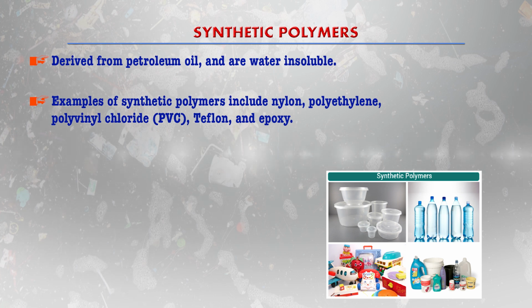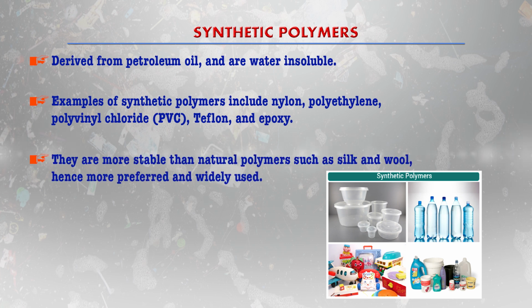Most of the things in our kitchen are made up of plastic, let it be bottles or containers, lunch boxes, even for packing this is being used in tremendous amounts. Then we have polyvinyl chloride, PVC, which is used in pipes. Then Teflon, which is used as a coating for non-stick pans, and then epoxy. So, all these have been used so extensively because these polymers are much more stable than natural polymers. So, that is why they have been preferred and widely used.